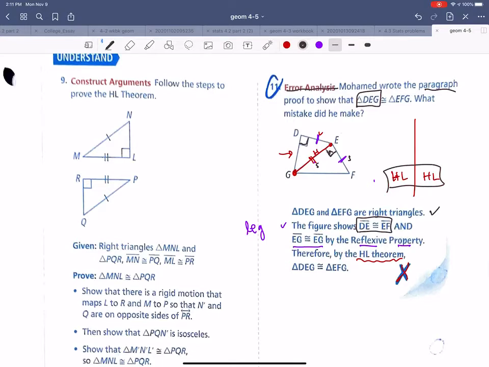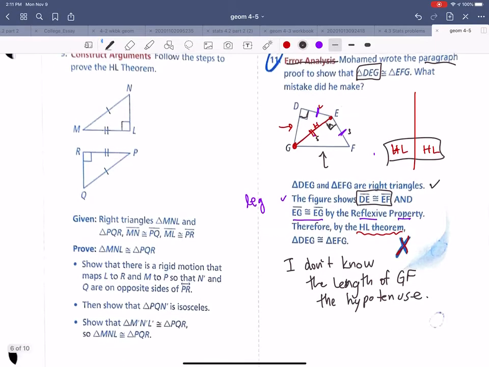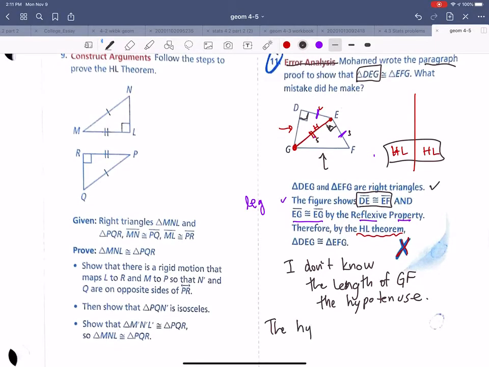You need a matching pair. The reason why this doesn't work is I don't know the length of GF, which is the hypotenuse. So it looks as if the hypotenuses don't match. So obviously you can't spell HL if your hypotenuses don't match.